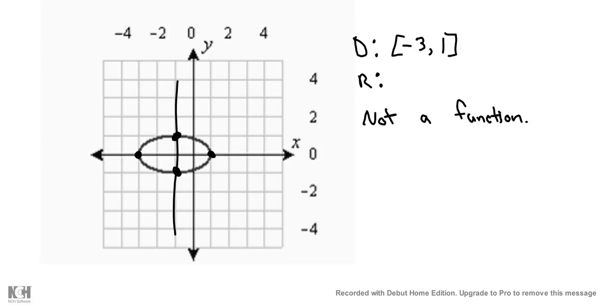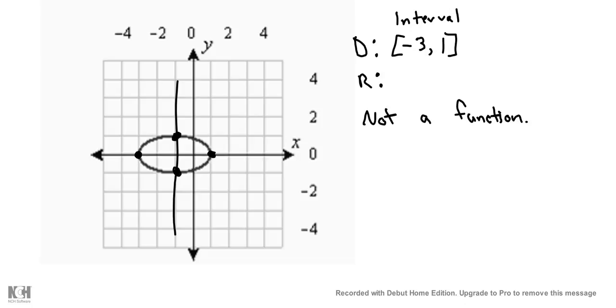So my domain then, and this is called interval notation for those of you who haven't been exposed to this before, is every x between -3 and +1. I write it in brackets because I actually hit the values of -3 and +1. Had I not actually touched -3, we would have used parentheses. And we'll see some examples of that as we go throughout the course. But just bear in mind that bracket means I hit that point. Parenthesis means I did not.